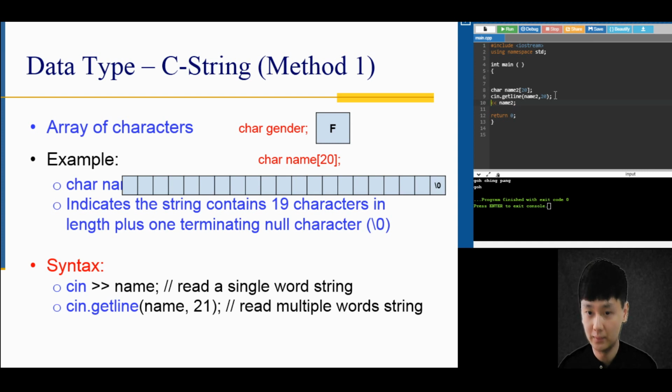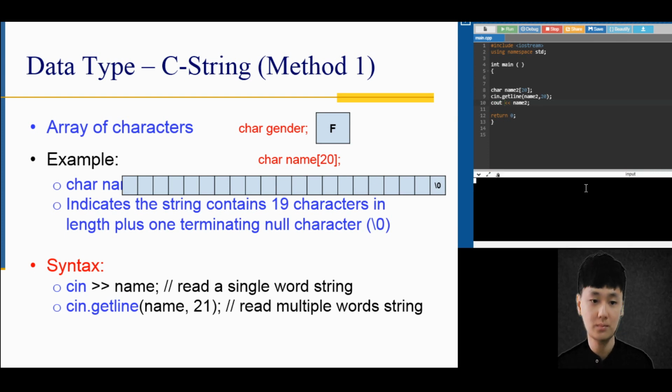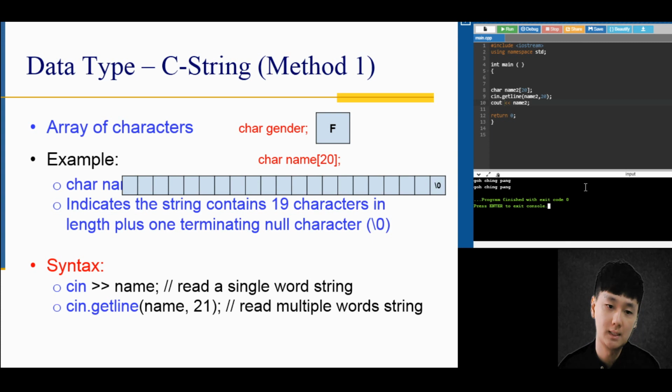Let's see what happens. I enter my name here. Can you see the difference? If you want to read only a single word, you use cin. If you want to read more than a word including the white space, then you have to use cin.getline.